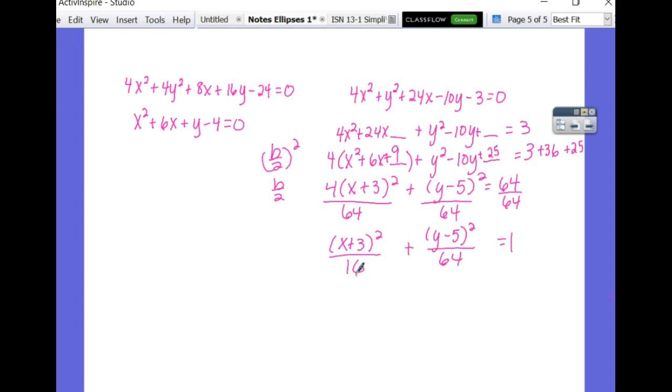And if you look, the bigger number, 64 is bigger than 16, which means I stretch it this way. If the 64 was under the x, I would stretch it this way, all right?